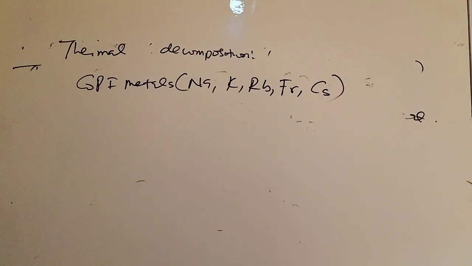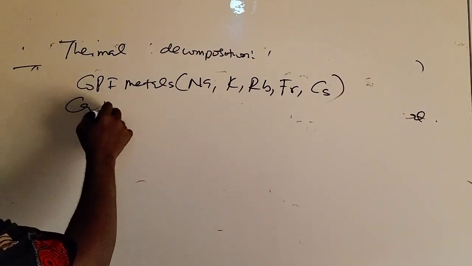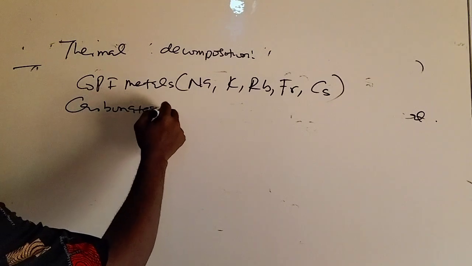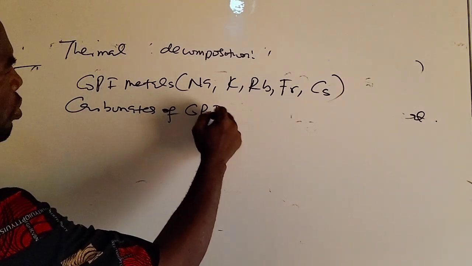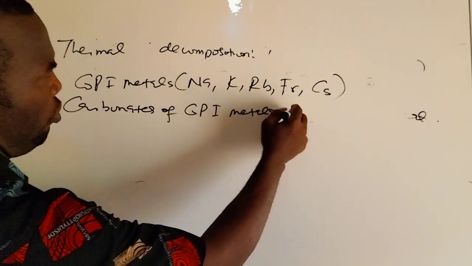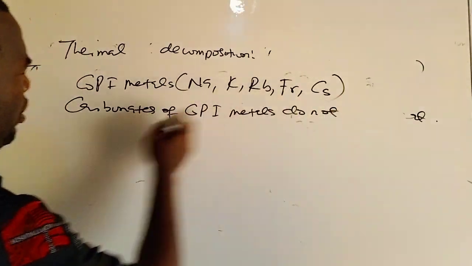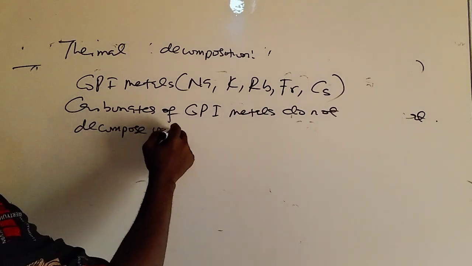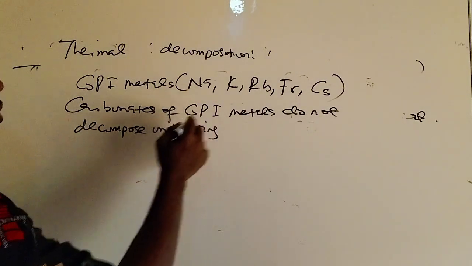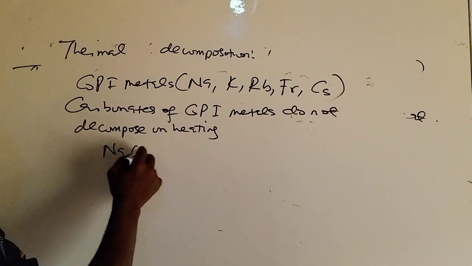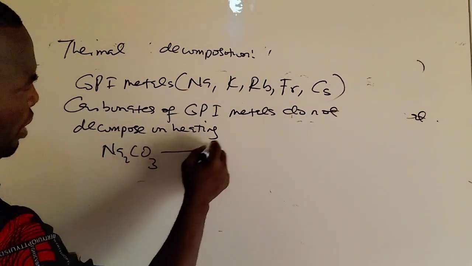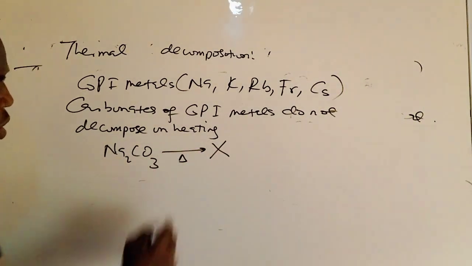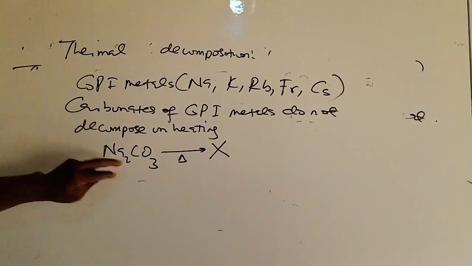So the carbonates of group 1 metals do not decompose on heating. They are stable to heat. If I heat sodium carbonate from now to tomorrow, there will be no product, because the bond between the sodium and the carbonate is very strong.